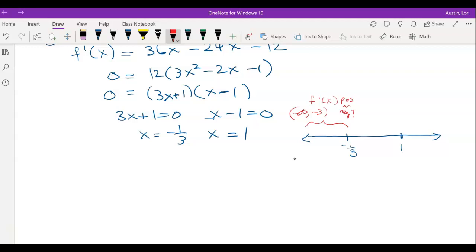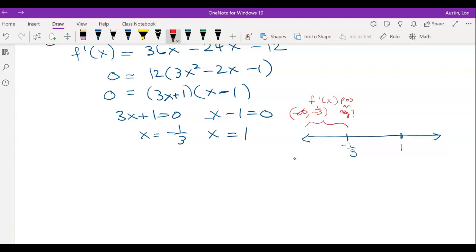Just stick a number in. So, pick a number. Pick negative 1, right? You're testing any point in that interval. Question? Is it negative 1/3, right? Yeah, that's 1/3. Did it not look like 1/3? Well, you said 3. Oh, I just said 3. No, negative 1/3. Oh, I put it there. Sorry.